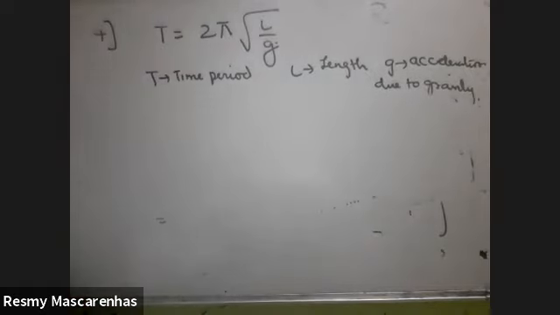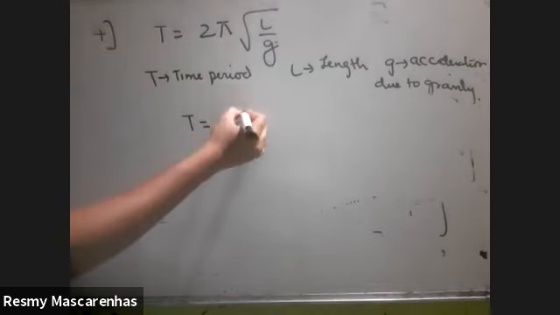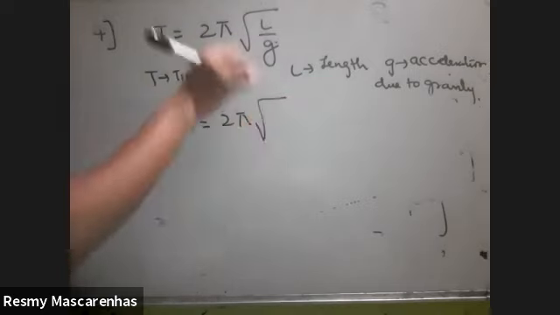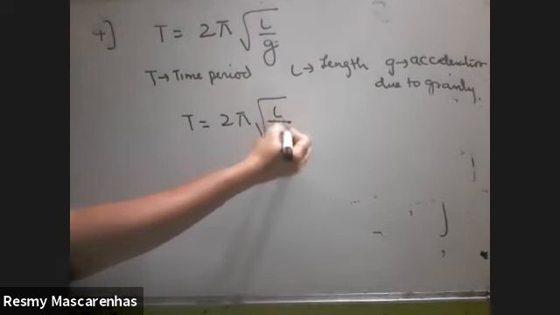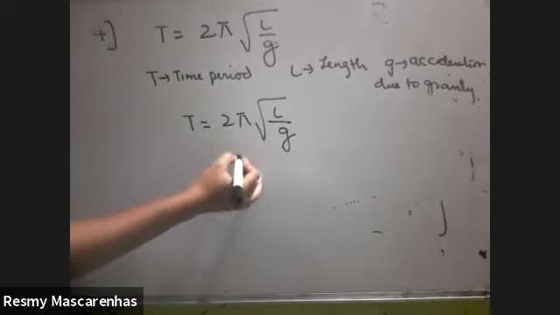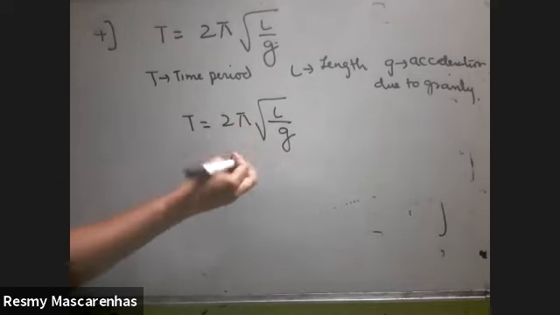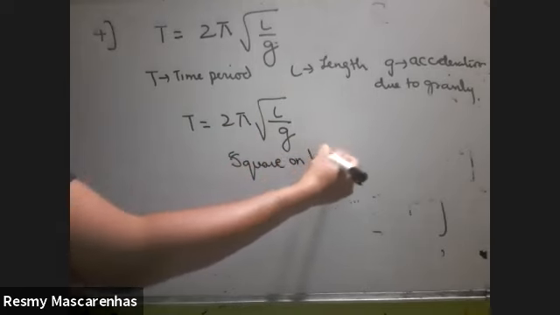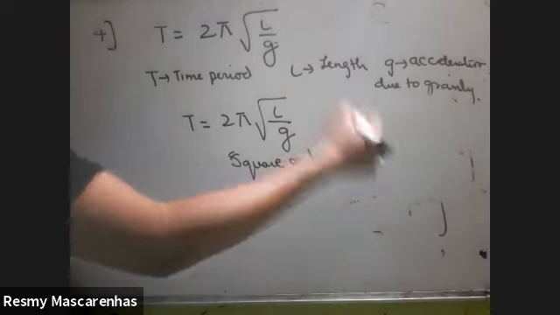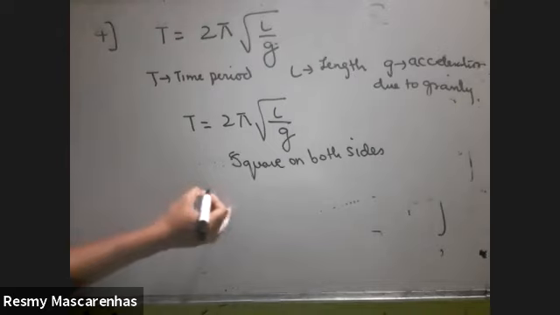First, we'll simplify before starting to solve the left-hand side and the right-hand side. So I'll just write the equation again. Pi is a constant, you know that 3.14 is the value. Now, to get rid of the square root sign, whenever you see a square root, you have to square the equation on both sides.